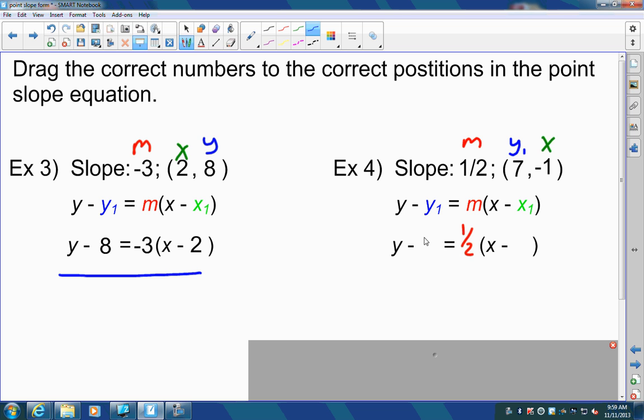So I have y minus 7 equals 1/2 parentheses, x minus. Now, minus, that's a -1. You need to realize that here I've got y minus 7 equals 1/2 (x minus a negative). A negative times a negative is a positive 1. That changes to +1 when you write it into point slope form.